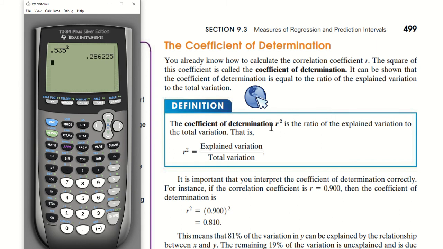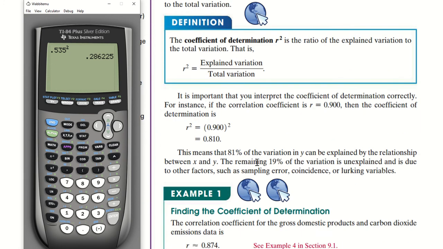What R squared tells us is the ratio of the explained variation to the total variation. So at its heart, R squared is the ratio of your explained variation to the total variation.